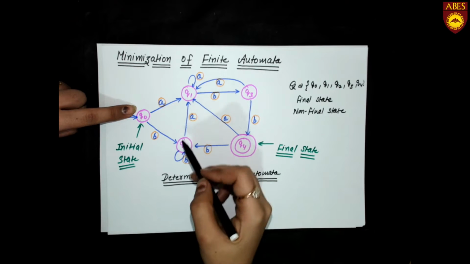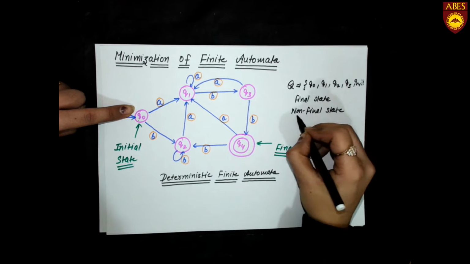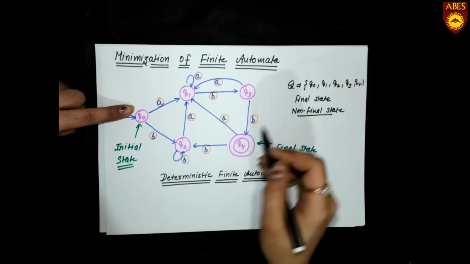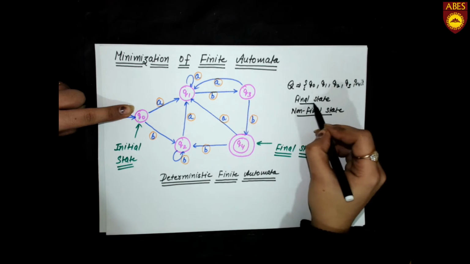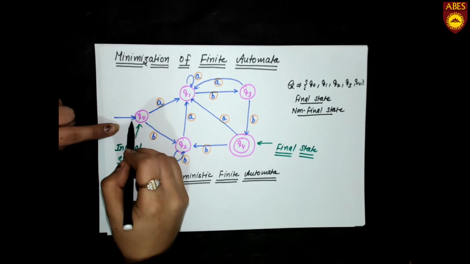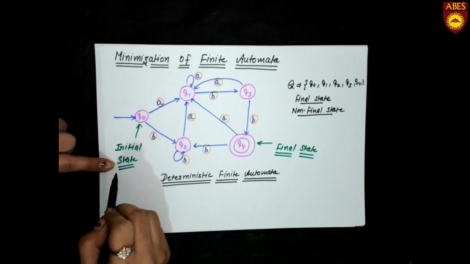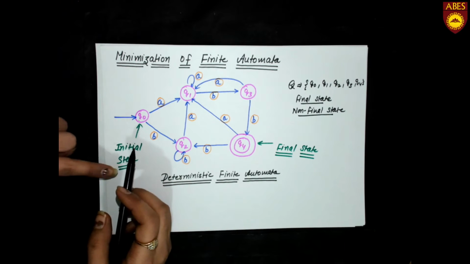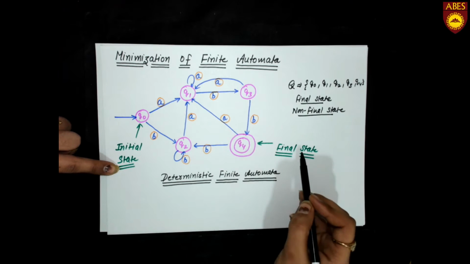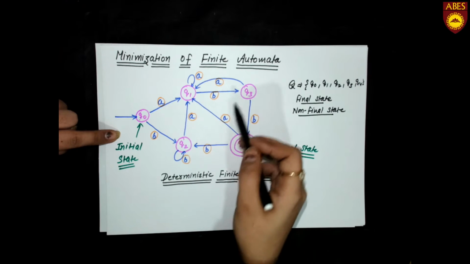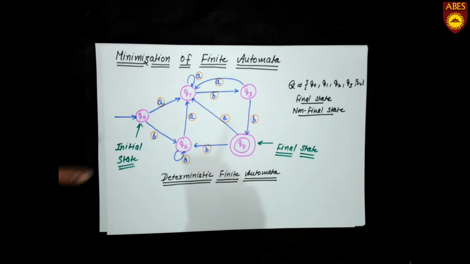Q0, Q1, Q2 and Q3 are our non-final states and Q4 is our final state. This arrow represents the initial state. So Q0 is the initial state, Q4 is the final state, and Q1, Q2, Q3 are non-final states.